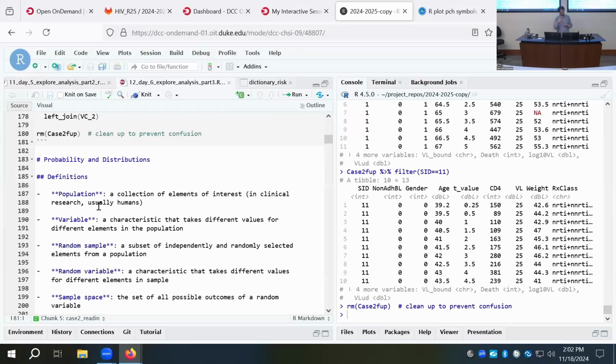A random variable is some characteristic that takes different values for different elements within your sample. And the sample space is the actual possible values that that random variable can take. So if we're looking at weight, it's not possible for someone to have negative weight. They can't have, like, -2 kilograms.